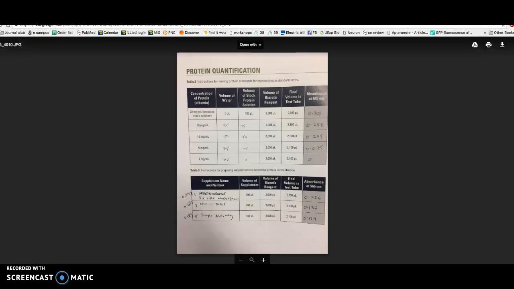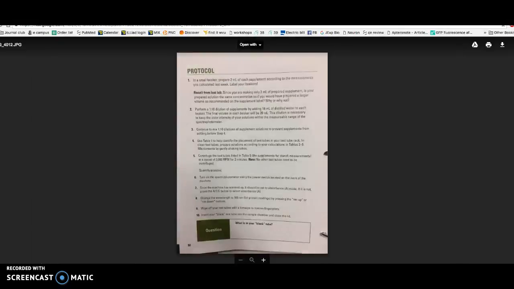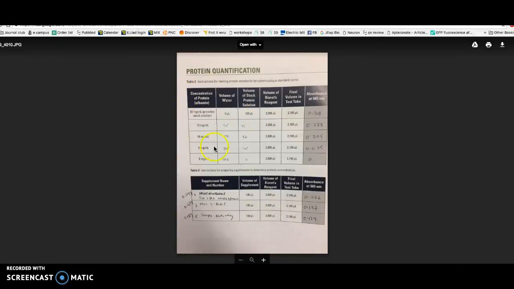You plug in these values here, and then you plug in the absorbance values you got when you took the absorbances. Do you remember what you did here? You calculated the volumes of water and protein you needed for getting this concentration, then you pipetted everything into test tubes and got these absorbance values, right?